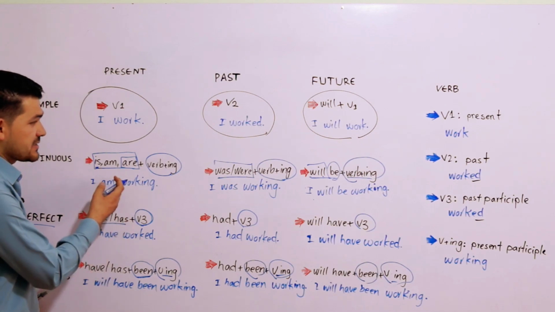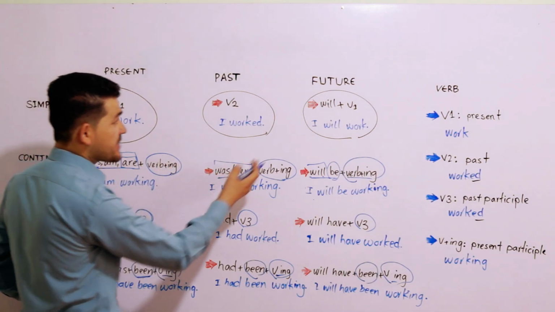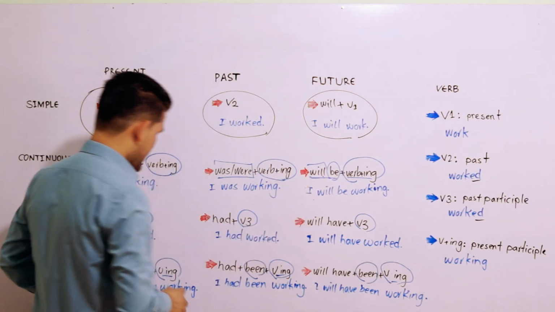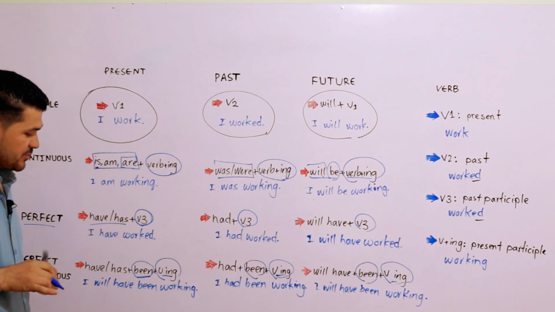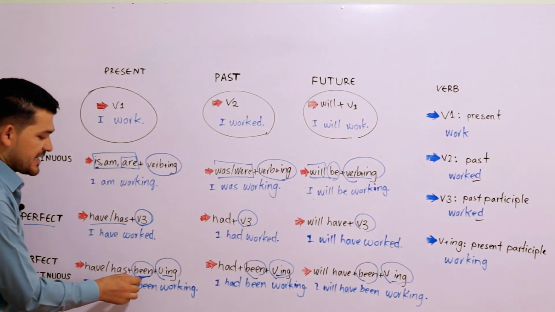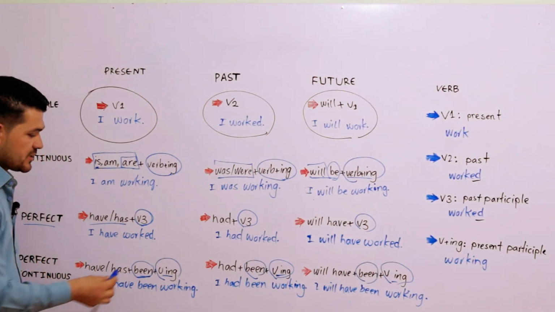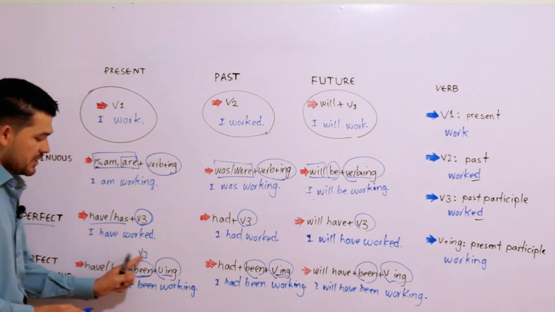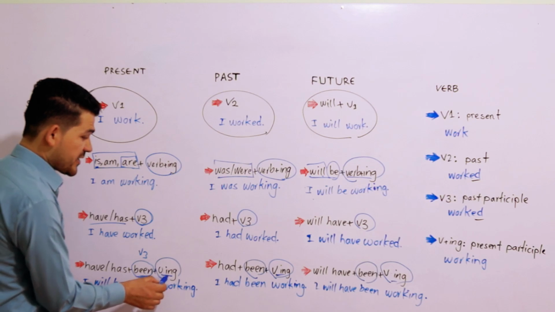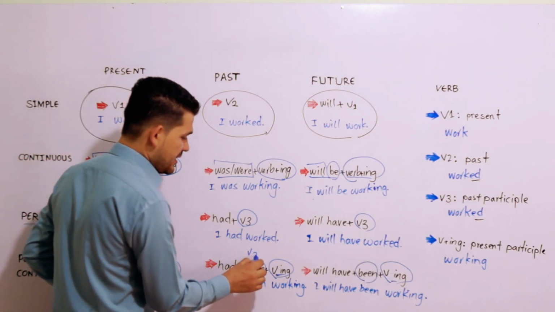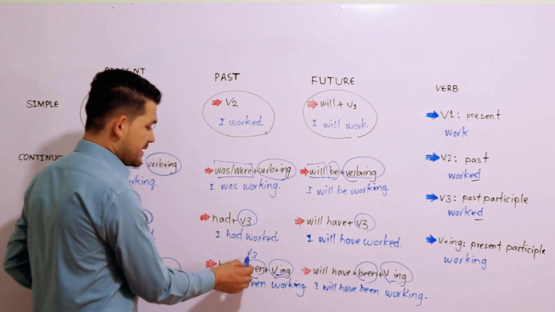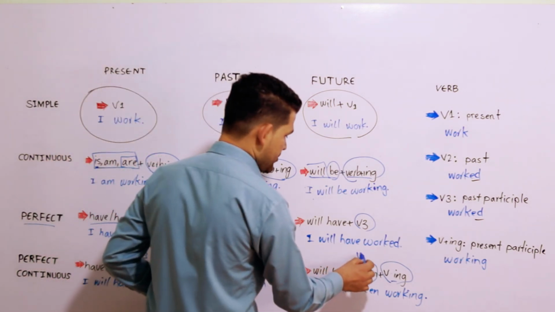Now we have is, present, was, past, will be, future. And this be is the infinitive form. What is the past participle form of the to be verb? That is been. So we have the third form of the verb here. What is it? Perfect. What is ing? That is progressive. Here we have been, which is the third form of the to be verb. So this is perfect.